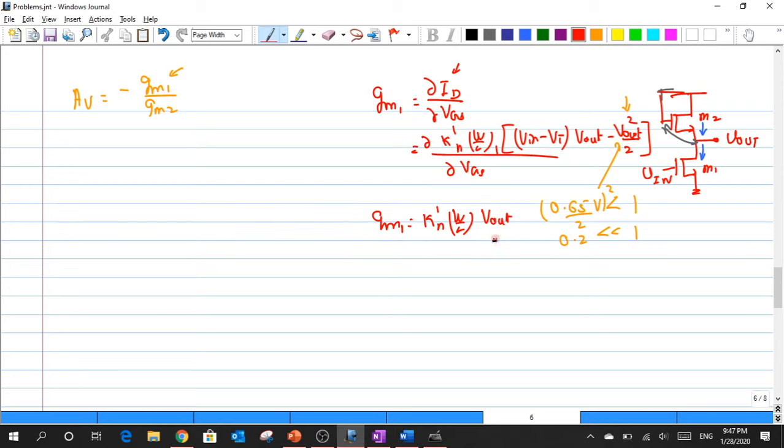So this is the quantity that I have. Previously we had K dash W by L into VOV, and right now this VOV is being replaced with the value of VDS, right?